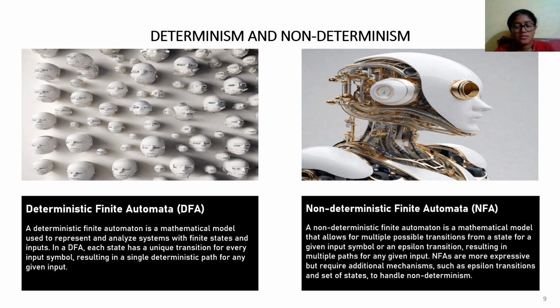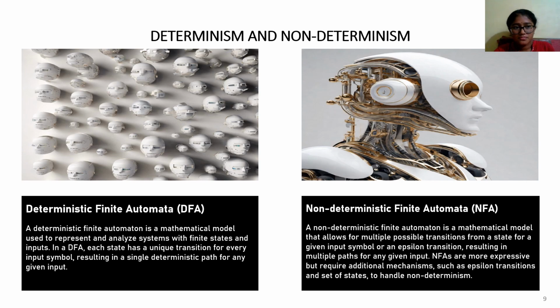An NFA is a mathematical model that allows multiple possible transitions from a state for a given input symbol, or an epsilon transition, resulting in multiple paths for any given input. NFAs are more expressive but require additional mechanisms, such as epsilon transitions and sets of states, to handle the non-determinism of the transition.